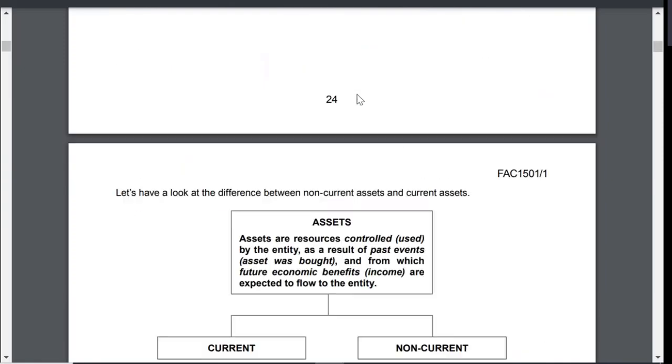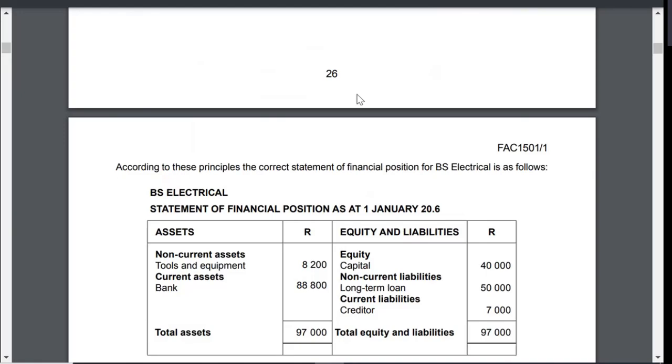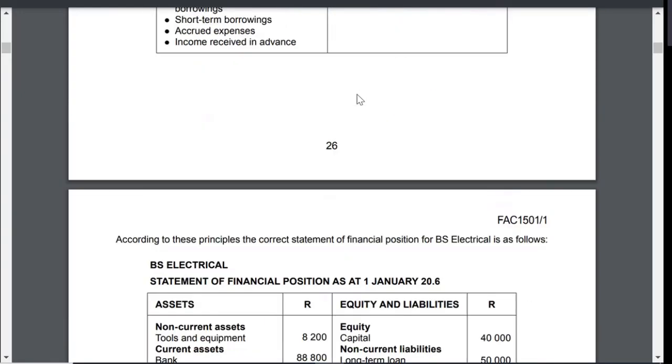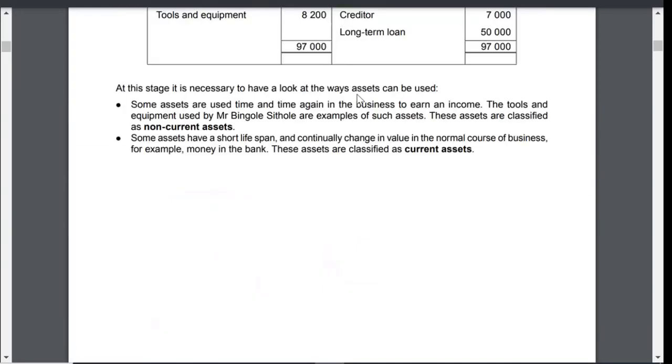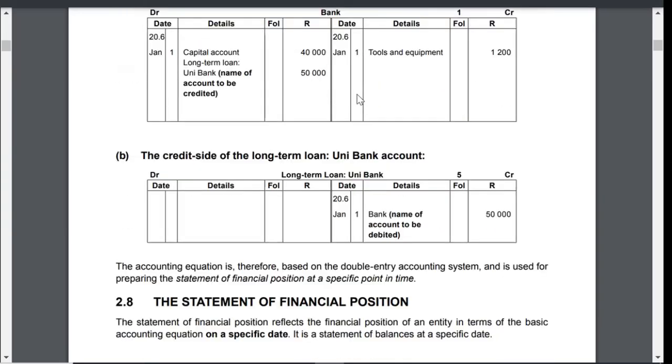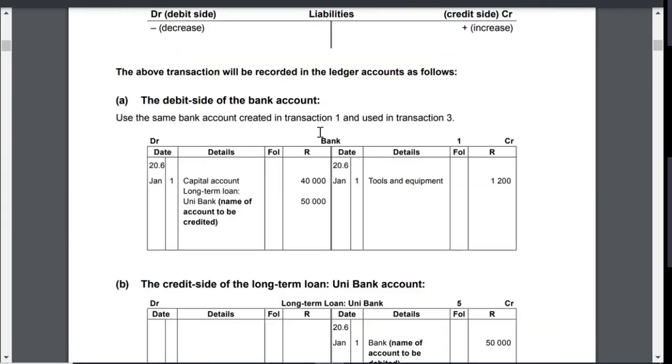So let's just see how the general ledger will be. Can you see the bank account now, it's debited with 50,000. If an asset increases, you're going to debit it. If an asset decreases, you're going to credit that.